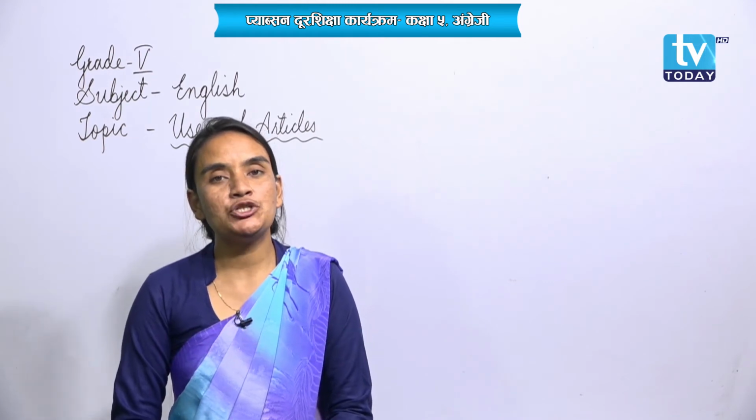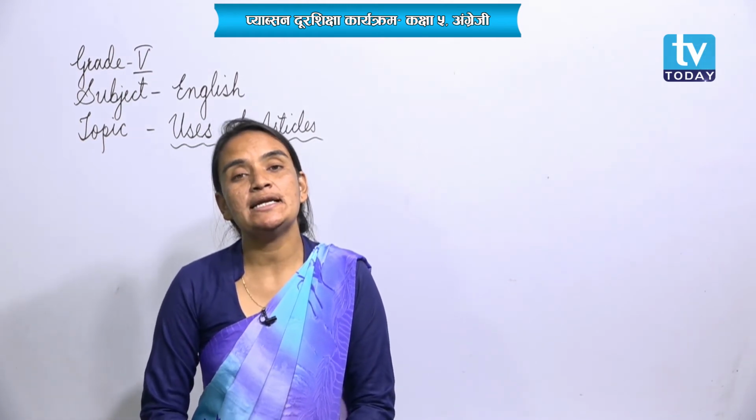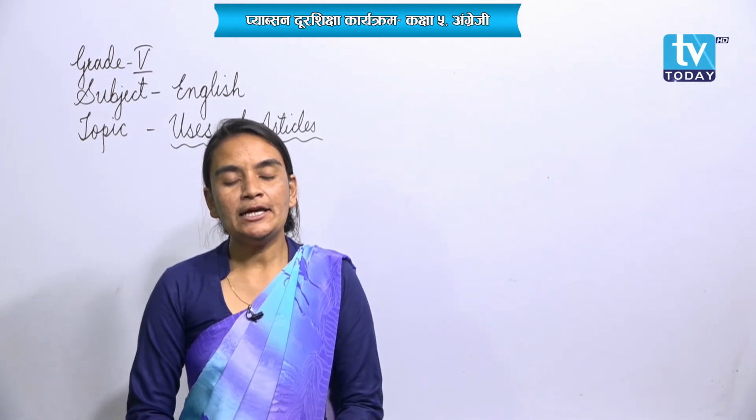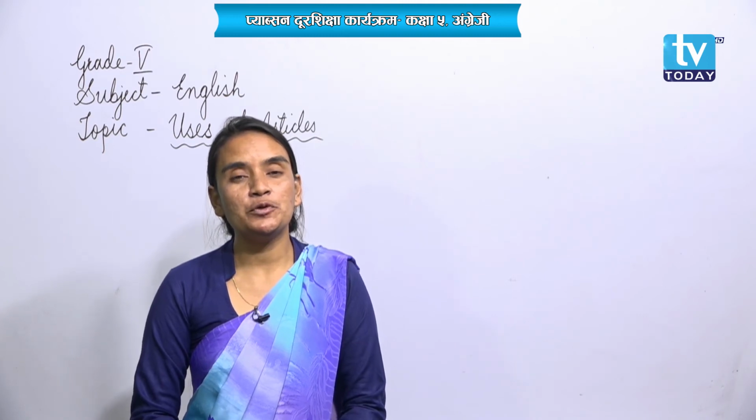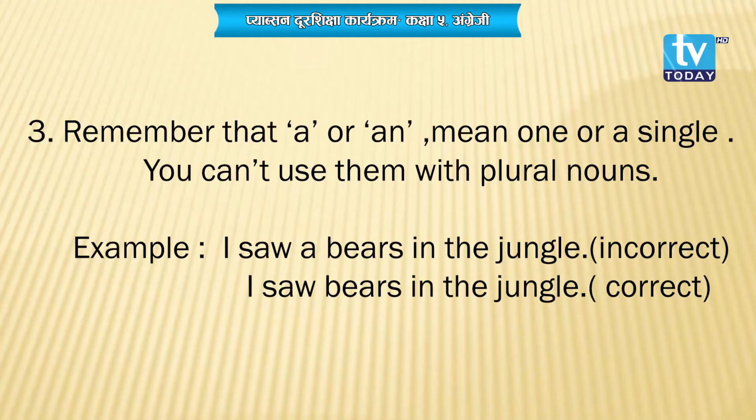Moving towards the next rule of the use of article a or an. You need to remember, that is the reminder to every student: remember that a or an means one or single. That's not new for you. We started with the same introduction before while talking about the uses of a or an. So now children, this is the third rule.